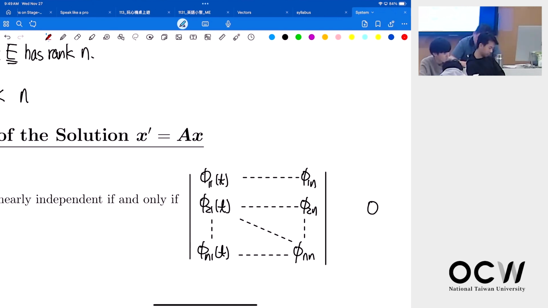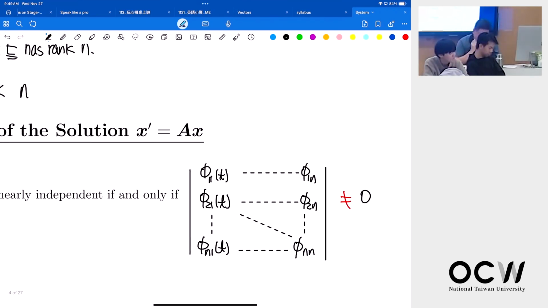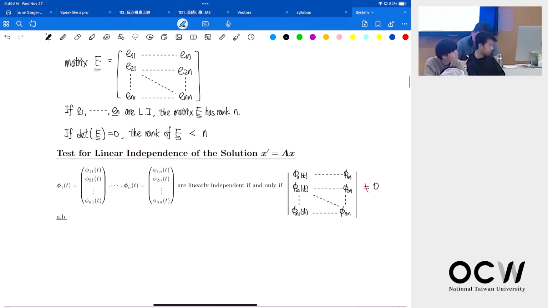Linearly independent, so they cannot be equal to 0. And we will say this is equation 5.